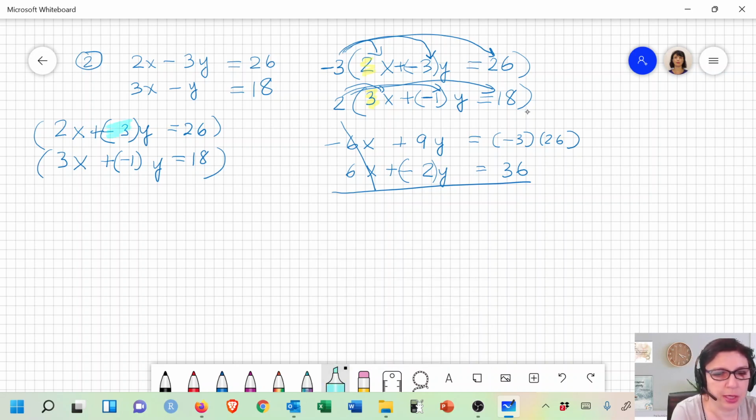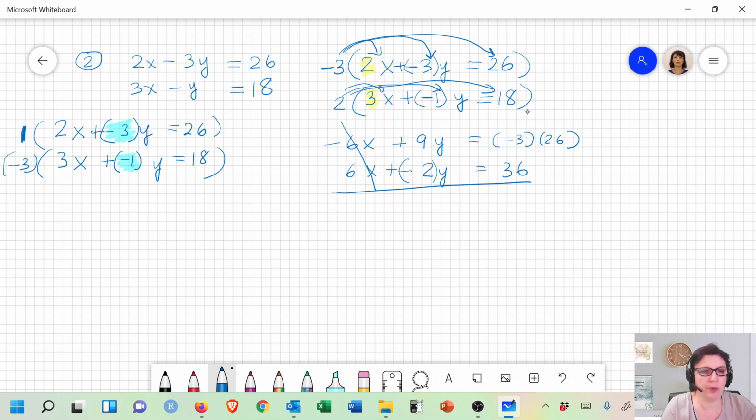So this guy has -3, this guy -1. I am going to multiply the first one by the opposite of this guy. So the opposite of -1 is +1. And then the second one, I will multiply by the same one that's in the first. So that would be -3.